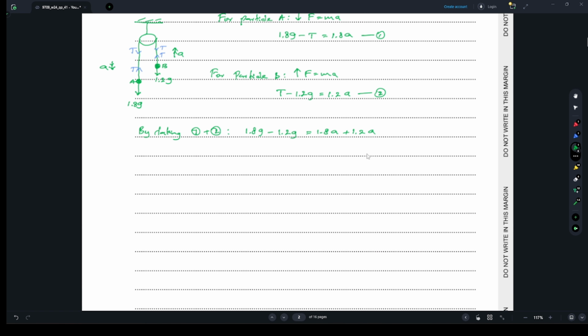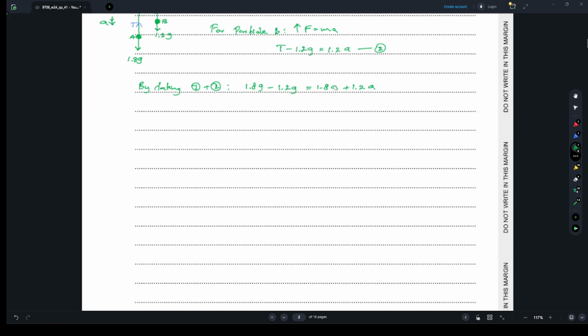From here, 1.8 plus 1.2 is 3, so 3a equals 1.8 minus 1.2, which is 0.6, times g, which is 10. Therefore a equals 0.6 times 10 divided by 3. So 6 divided by 3 is 2 meters per second squared.